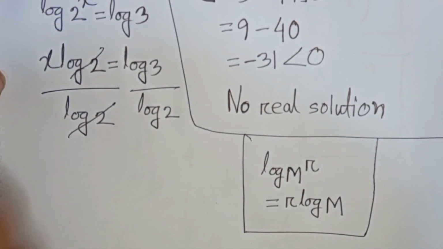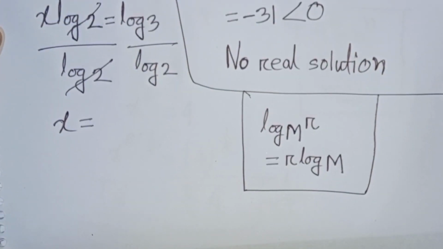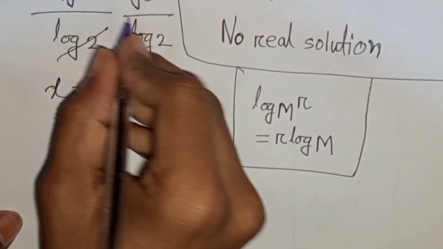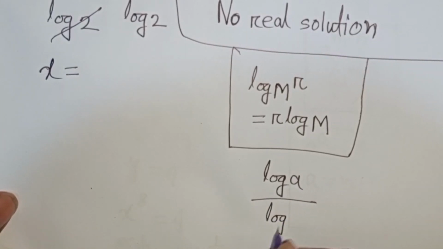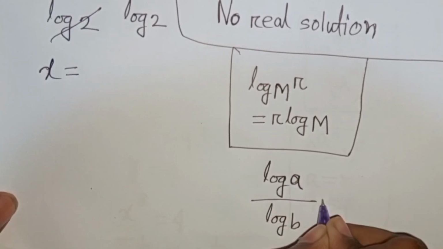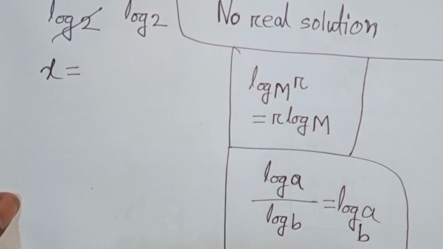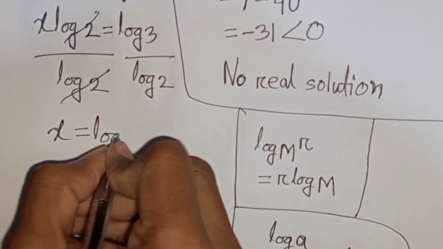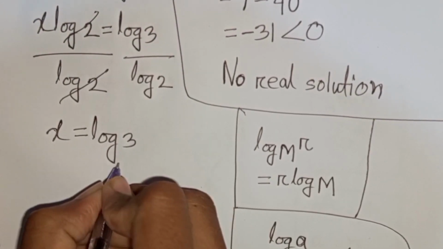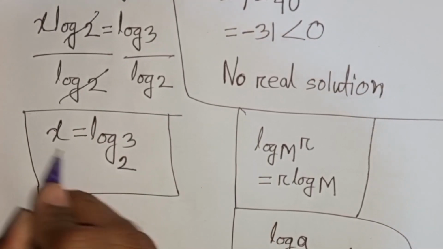So here x will be equal to, here we can apply this formula log a divided by log b is equal to log a base b. So according to this formula, this divided by this, that means it will be log 3 base 2. So this is the value of x.